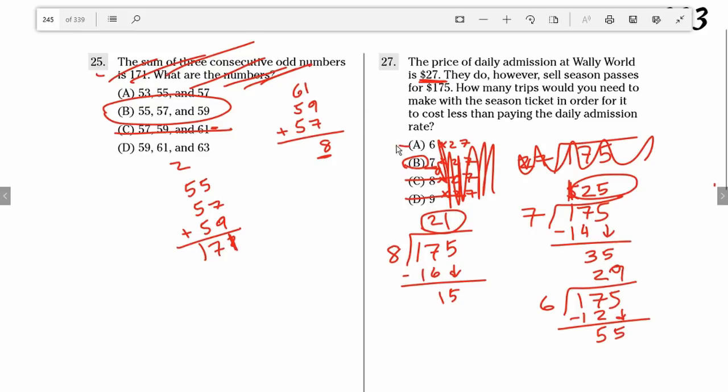Okay, so if you go 6 times, you're paying $29 each time. If you go 7 times using your season ticket, you pay $25. If you go 8 times, you're paying $21. So clearly, the minimum number of times you can go for this to be cheaper than the $27 is B, 7. Okay?